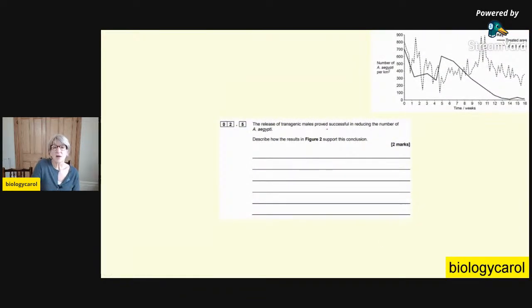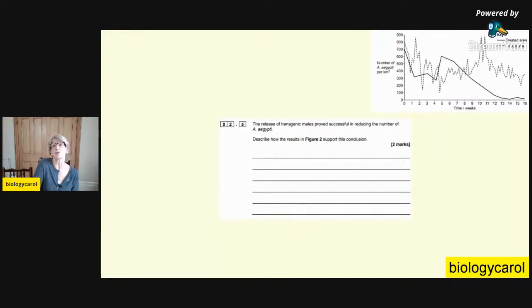The release of transgenic males proved successful in reducing the number. Describe how the results support this conclusion. We are basically looking for evidence in the graph. What is it about the graph that says, yes, this has been successful? And to me, clearly, this downturn here really is very obvious.